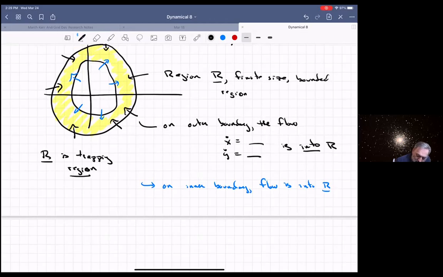So the idea of a trapping region is a really useful idea in mathematical proofs. So what I've said here is that the flow is into this region and can't escape from it. So I have a trapping region.